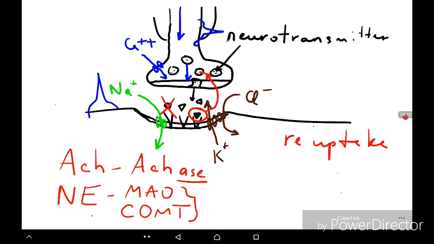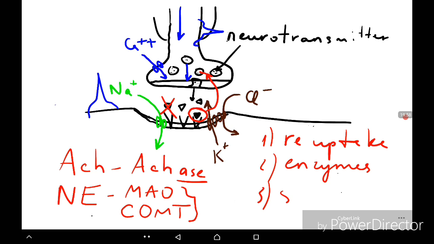So you should remember both MAO and COMT, which break down norepinephrine. For example, acetylcholine is broken down by acetylcholinesterase into choline and acetic acid, which then may be reuptaked or inactivated by other ways.